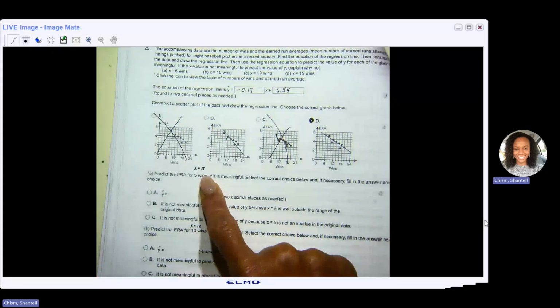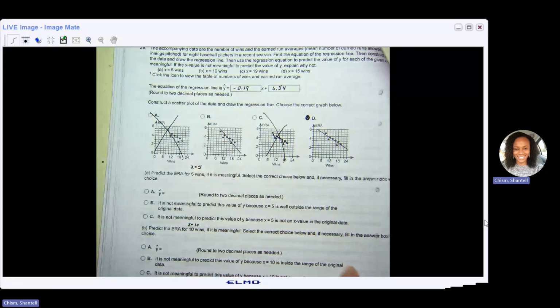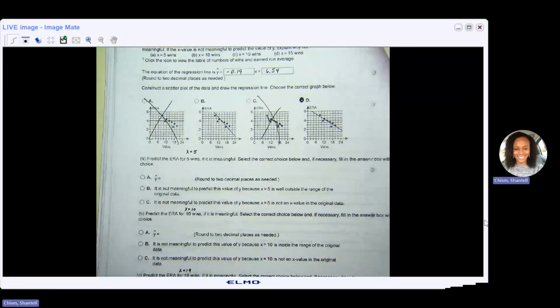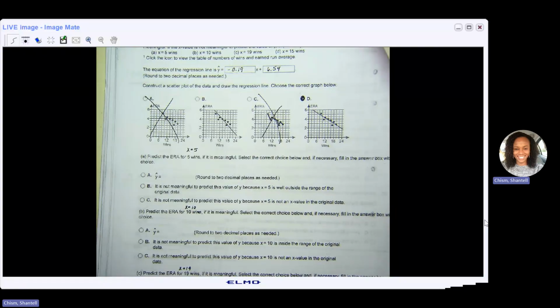So that means over here on part A, we can't predict for 5. 5 is not within the range of our original data set. So we have to say it is not meaningful to predict for 5, because x equals 5 is well outside the range of the original data. It doesn't have to be an actual x value of the data set. It just needs to be within the range of it, and it is not. So we have to say B.